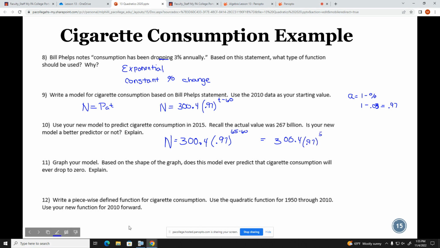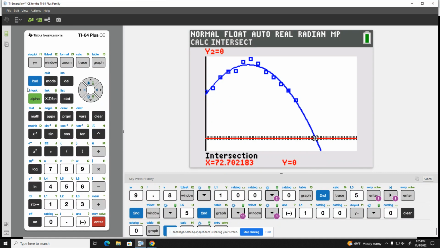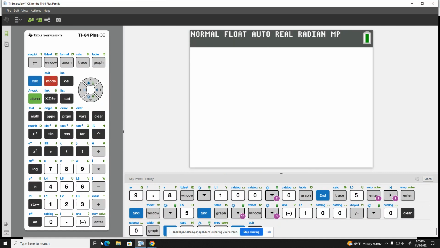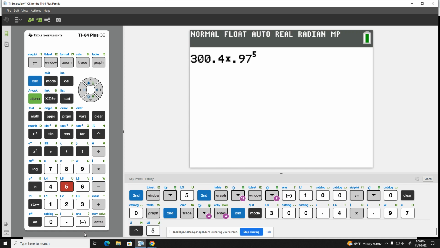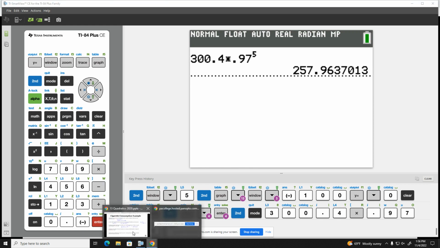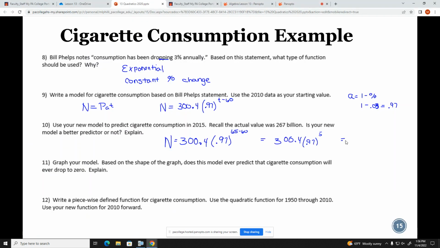So I'm going to go to my calculator, do that work. So 300.4 times 0.97 to the 5th. And we get 257.96, so equals 257.96 billion.